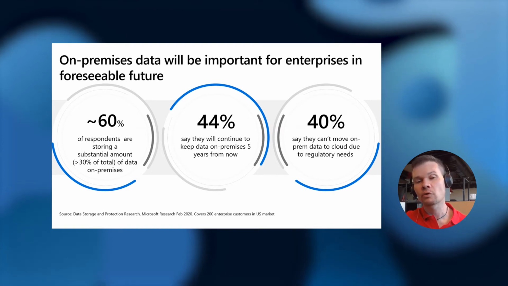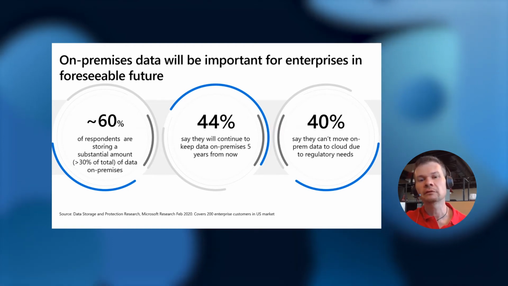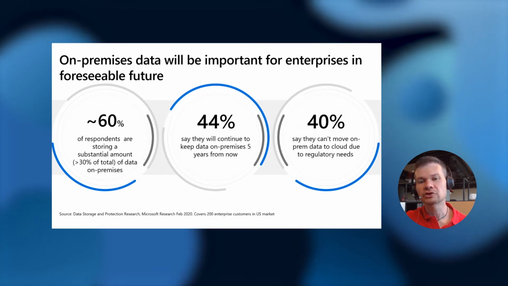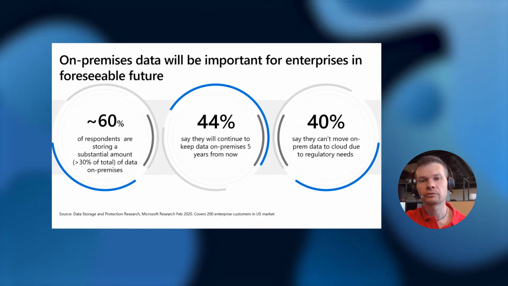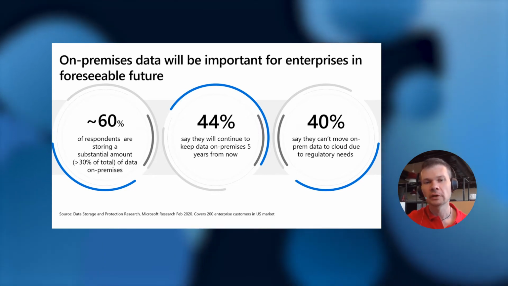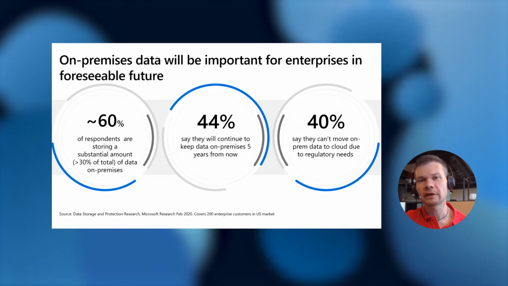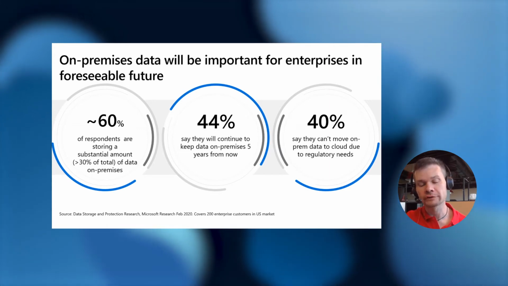And what was more surprising, 44% said that they will continue to keep data on premises for 5 years from now. And 40% say that they just cannot move data to the cloud because of regulations. So on-premises data is here to stay for a long time.